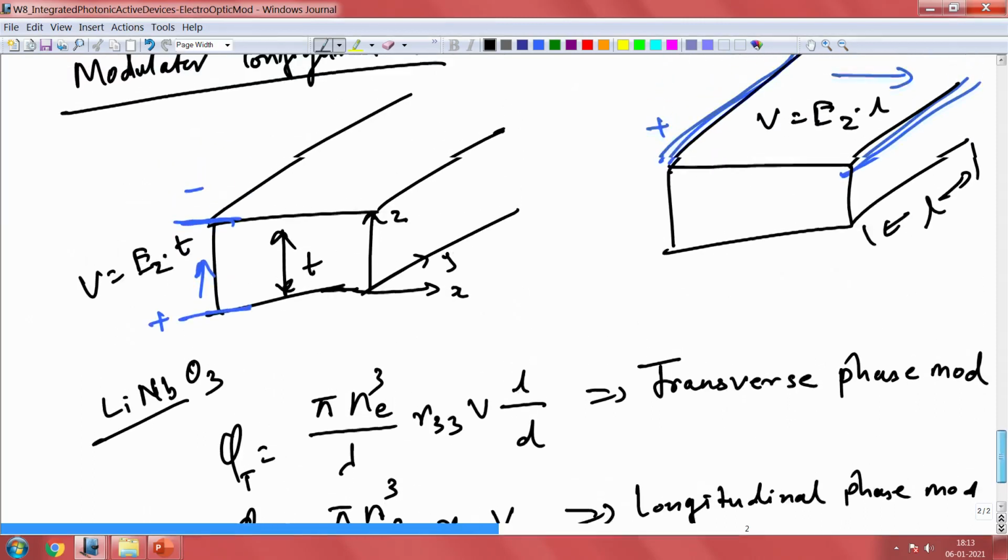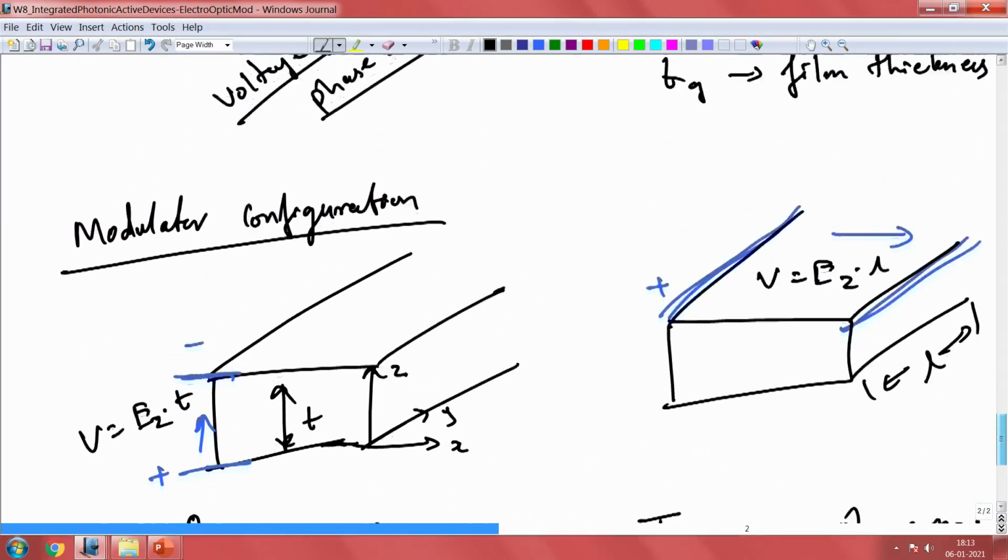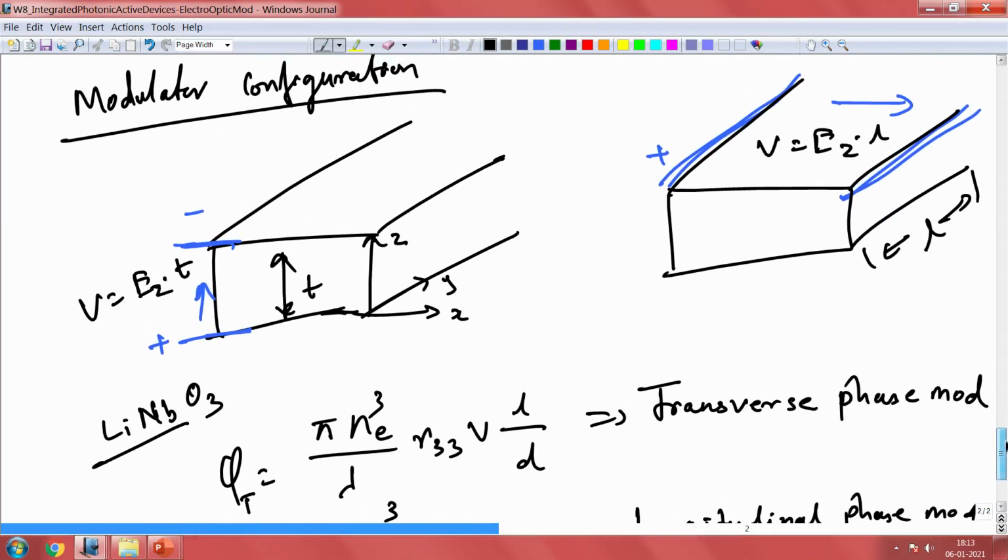So far we have looked at these modulator configurations, that is, how to exploit the anisotropy in the material. We can make a thin layer of this, and either put the electrodes on top or on the side. It is all about exploiting your electro-optic tensor here.